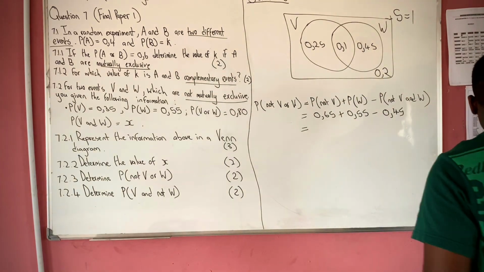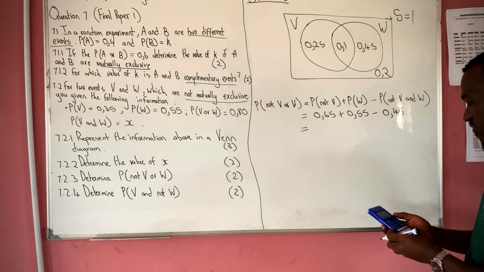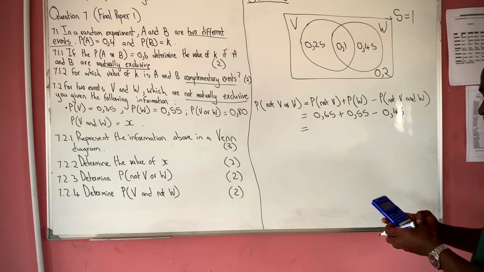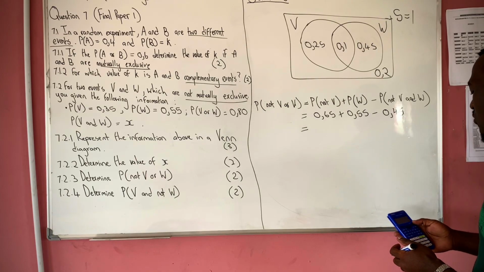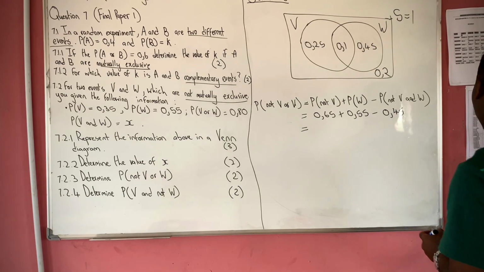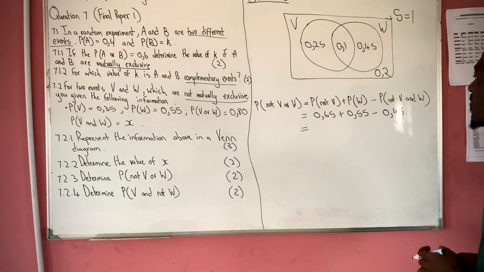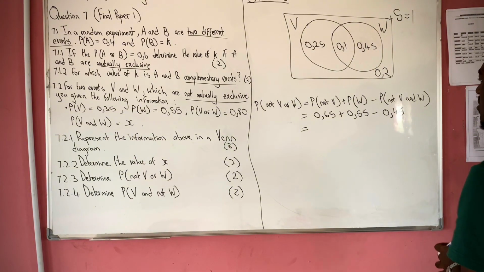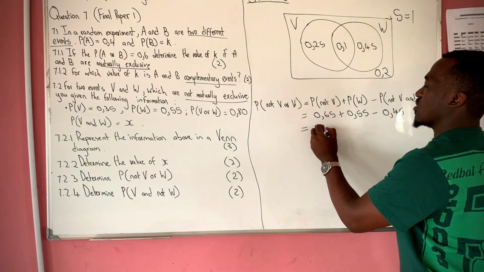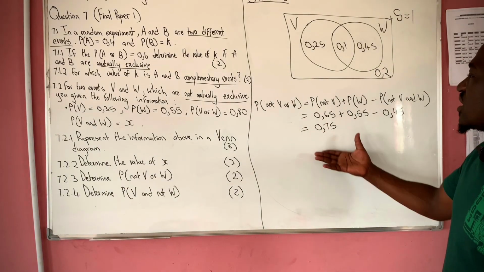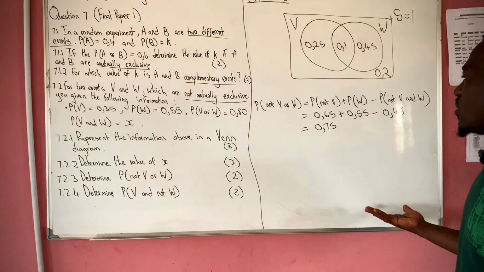Now 0.65 plus 0.55 minus 0.45, it's supposed to be 0.75. Then we understand that this is where we end with this part.